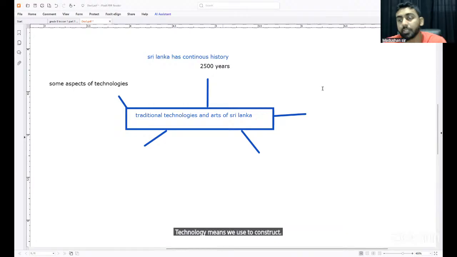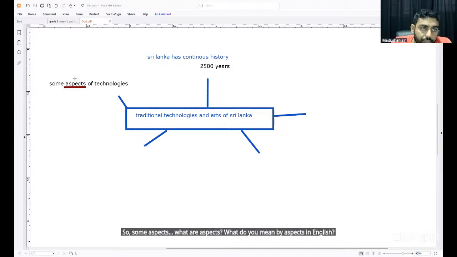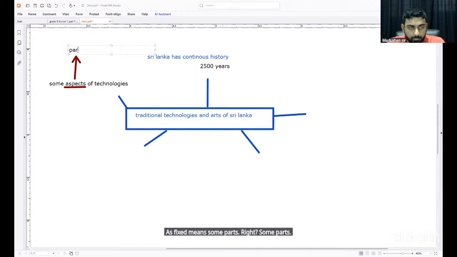Something is called technology. So some aspects, what do you mean by aspects in English? Aspects means some parts, right? Yes.